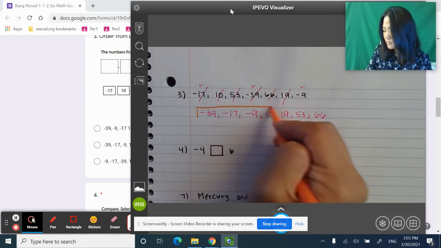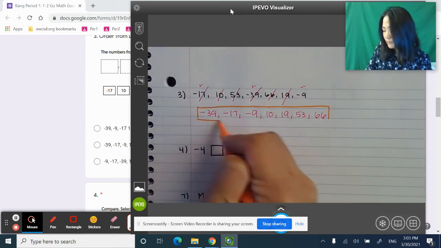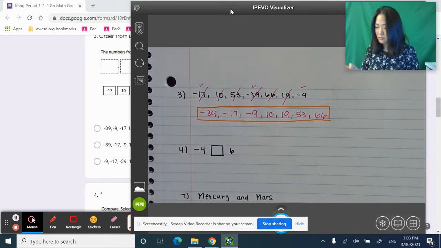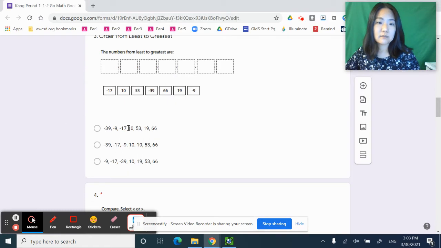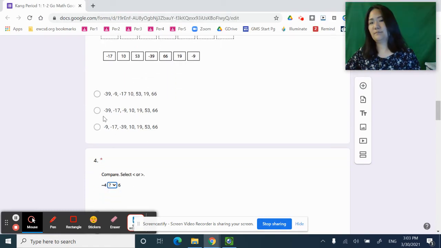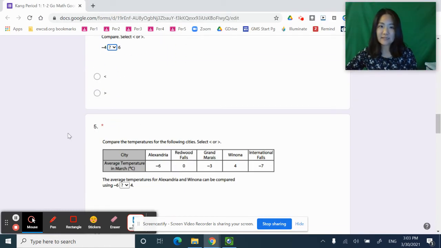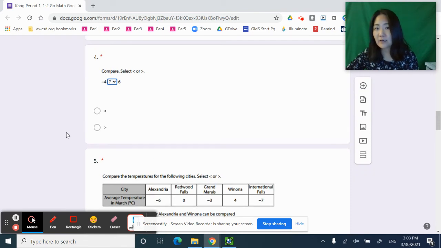And this is your answer. So then all you need to do is go and match from your choice.